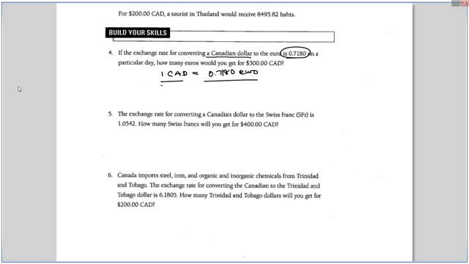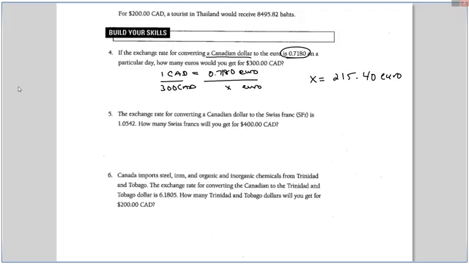How many euros would you get for 300 Canadian? Cross multiplication: 300 times 0.718, you'll get 215 euro. I don't know the symbol for euro.